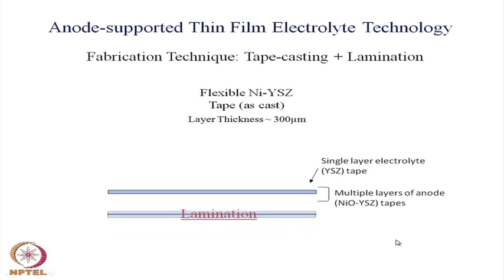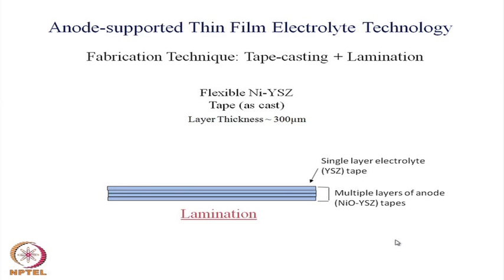Well, this is another thing, in fact: how these cells are finally designed or fabricated. These are tape cast sheets, a large number of flexible tape cast sheets, which are compressed together. This is the anode material in the form of tape, and then only one tape of stabilized zirconia.